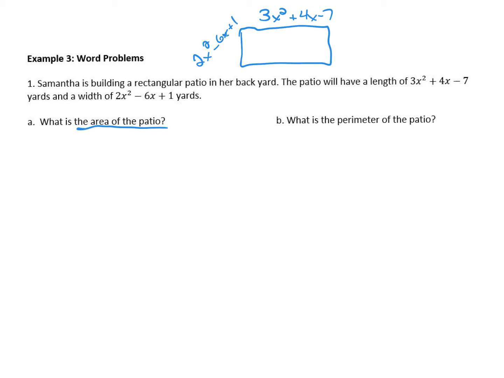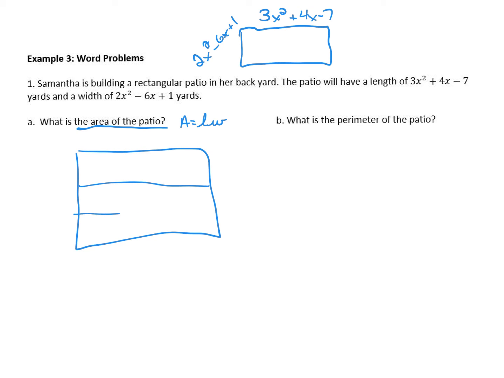Question 1 is asking for area. Well, what do we say area is? Length times width. This looks like a good problem to set up our box method multiplication. So as we take a minute to set that up and multiply, we have something that looks like that.